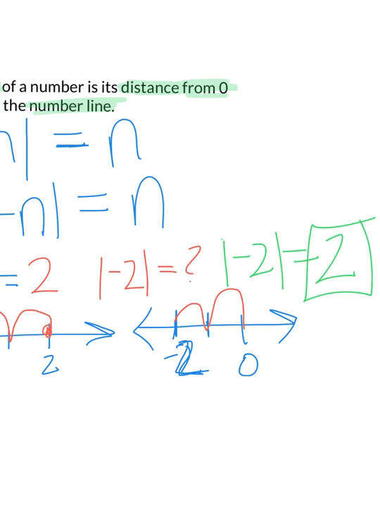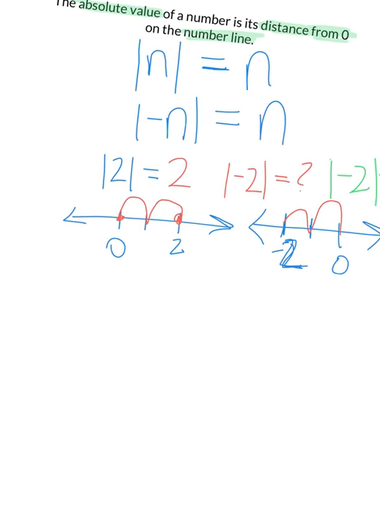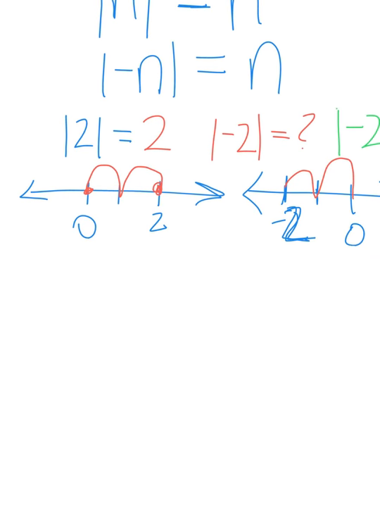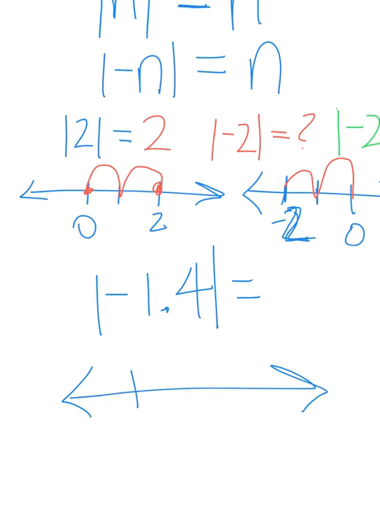Let me give you 2 more examples. Let's say you're given an example that you already wrote in your paper. The absolute value of negative 1.4. So you would draw a number line, plot negative 1.4, plot your 0, and see how many units away negative 1.4 is from 0.